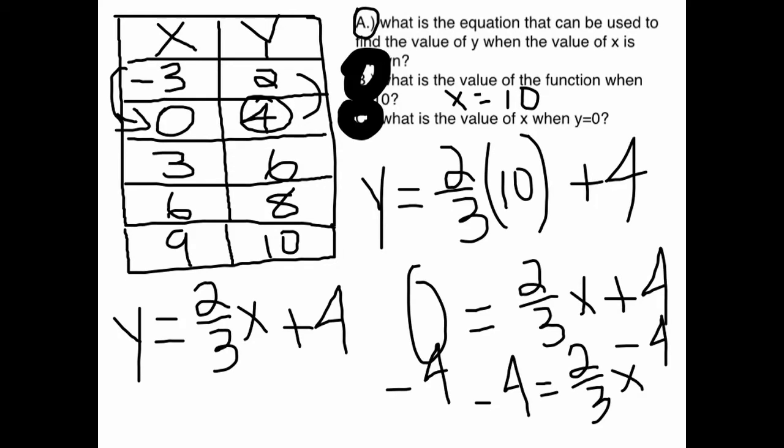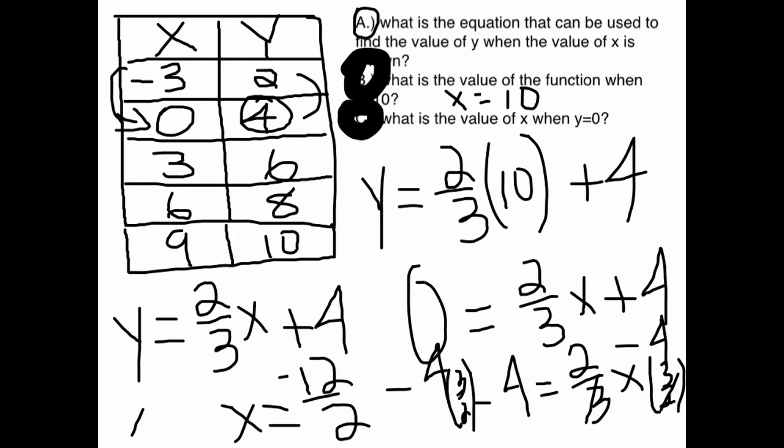And then I would solve for x by multiplying by the reciprocal. You can do that on your own. You don't actually need me to do that, but if you were to solve this out, the 2/3 would cancel out. I'm left with x equals negative 4 times 3, which is negative 12, over 2, so x would equal negative 6.